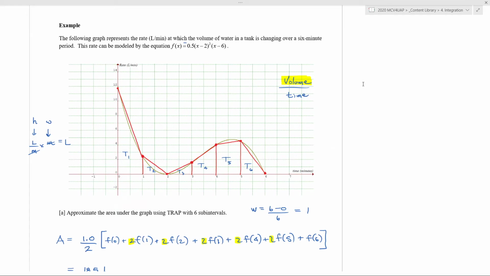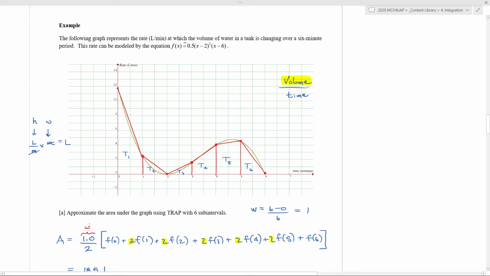The 1.0, which is the W, I've written outside the square brackets. So this number here, 1.0, is the W. W divided by 2. So I've taken the factor of 1/2 outside the brackets, and I'm just adding up f at 0, 2 times all the ones that are in between, and then f at 6, which is the last one.